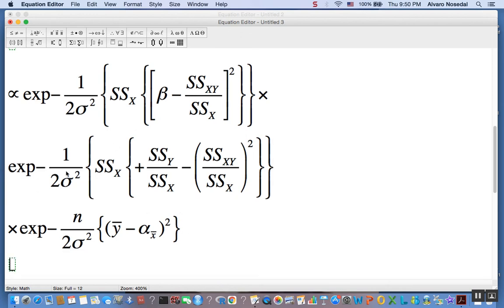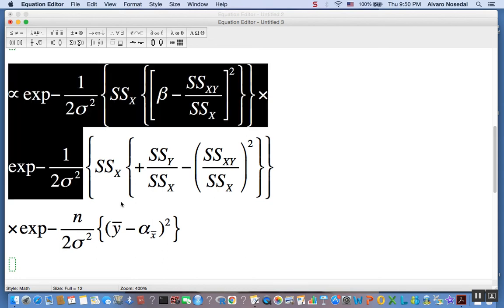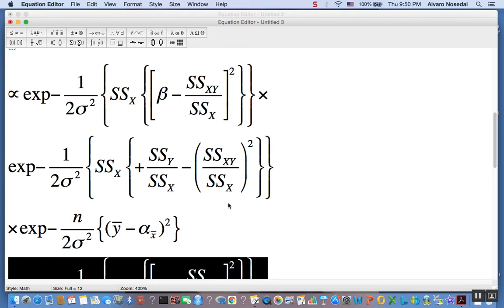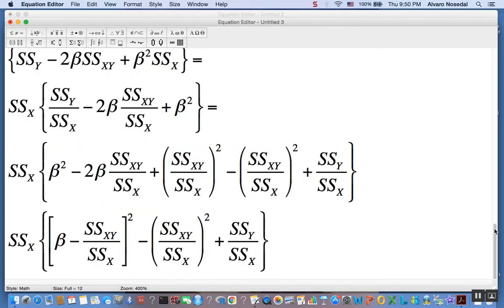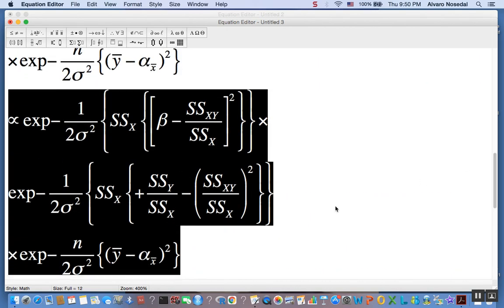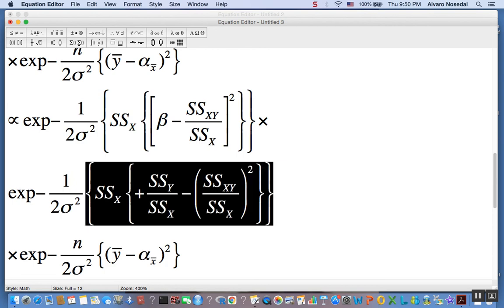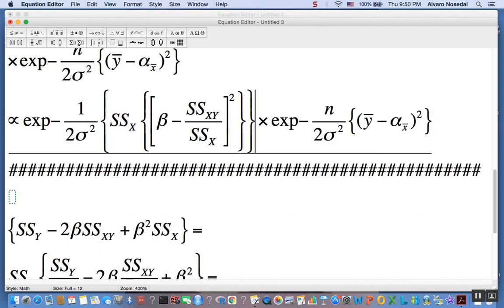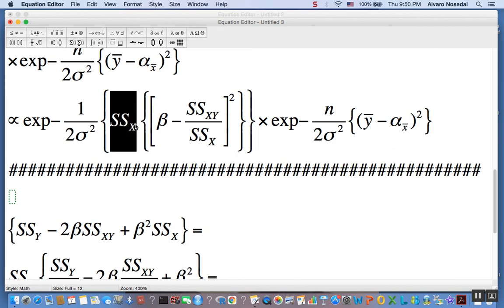Okay, so what we have is that this is just a constant with respect to alpha and beta, okay? So now this is a common factor, right?